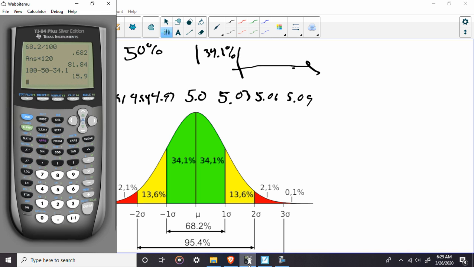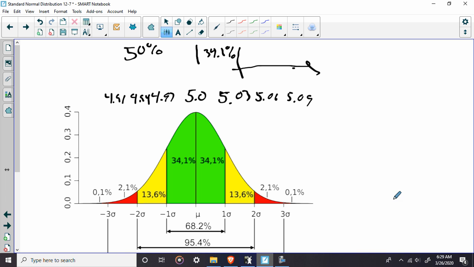There's a couple different ways you could have done it. You could have said, all right, well, what's 50 and 34.1? It's 84.1. Let's subtract that from 100. But no matter how you slice it, there's 15.9% here. And again, watch these numbers because they don't add up to 15.9%, because remember, this keeps going out to infinity. So 15.9%.